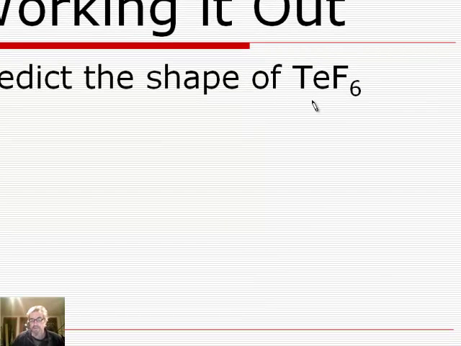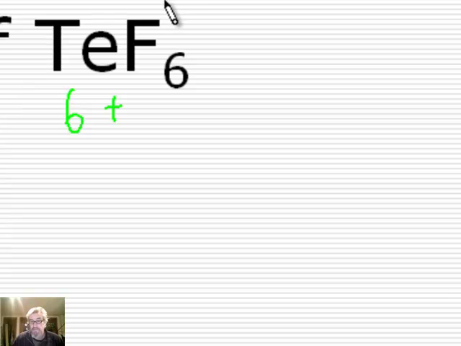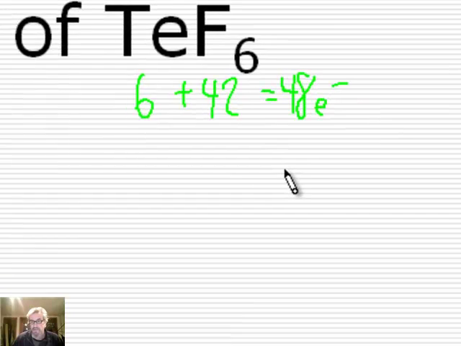Well, here's your answer. Tellurium, Te is in column 6, like oxygen, so that gives you 6 electrons. Fluorine's column 7, halogen, so 7 times 6 is 42. So this structure should have 48 electrons in it.